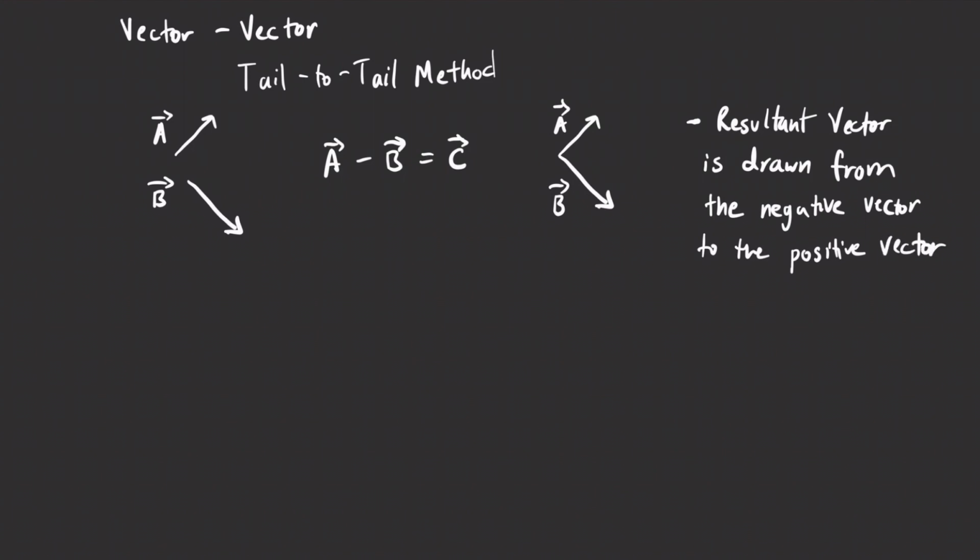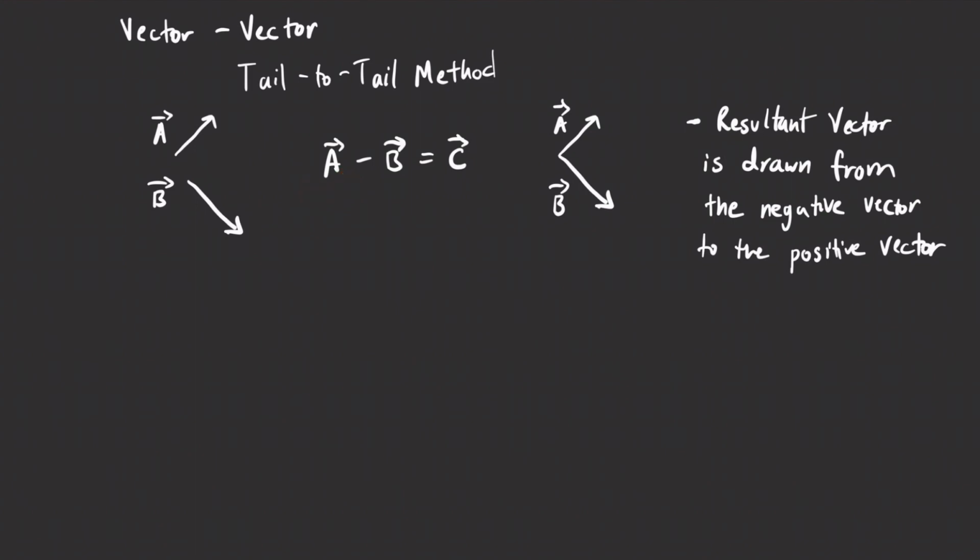So what I mean by the negative vector is that in this problem, B is the one on the right side of the negative sign. So I'm referring to B as the negative vector, and A is the positive vector.